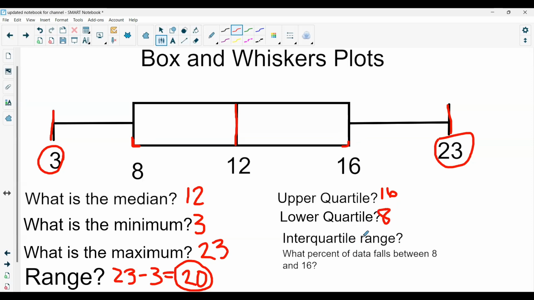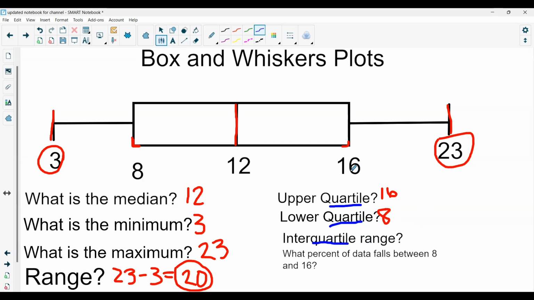Okay. And our interquartile range is the same thing as range. However, we're going to subtract our upper and lower quartiles. You see the word quartile in here? Just like the words lower quartile and upper quartile right here. So we're going to subtract. Whenever we see the word range, we're subtracting our biggest from our smallest number. But this time it says interquartile range.